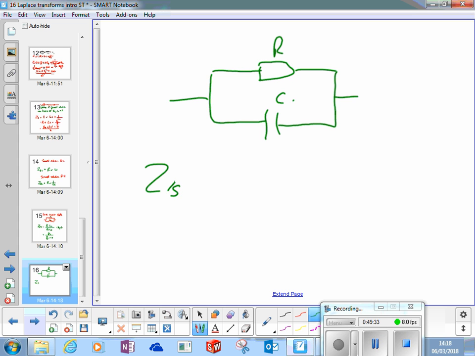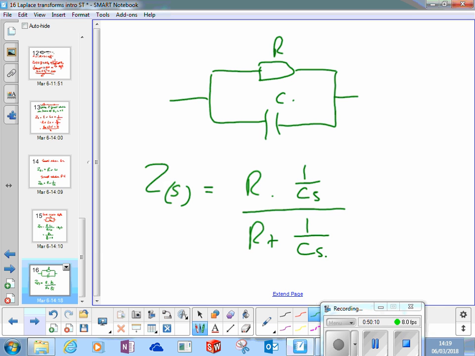What about RC? ZS is equal to R times 1 over CS over R plus 1 over CS. Then what did I do?